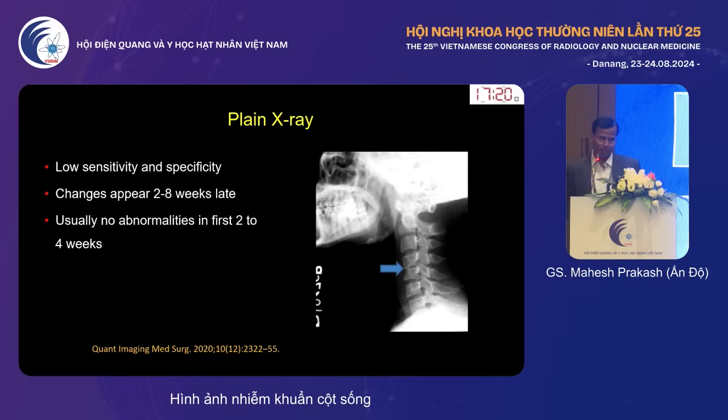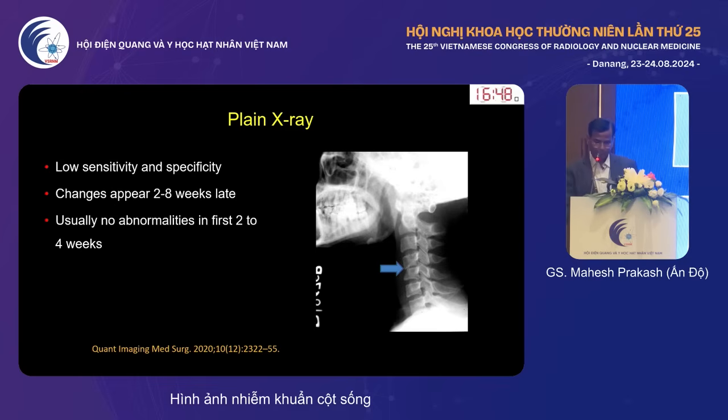Radiograph is available all the time, but it has less sensitivity and specificity. The other important point is that the findings appear late, up to 2 to 8 weeks. We want to diagnose infections as early as possible to get proper treatment. That's why radiograph is usually not the first-line modality in early infections.